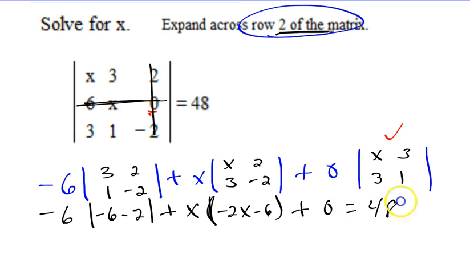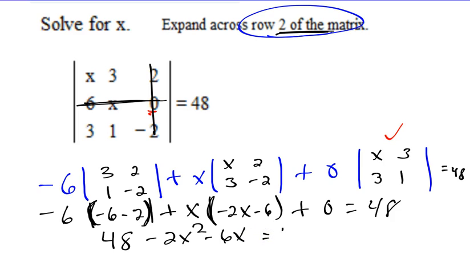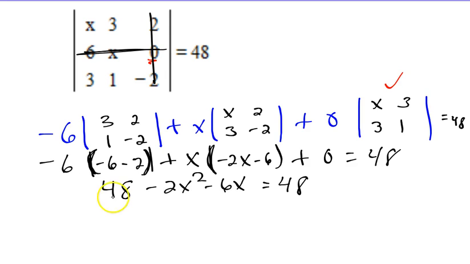0 equals 48. So this becomes 48 minus 2x squared minus 6x equals 48. Subtracting off of 48, negative 2x squared minus 6x equals 0.